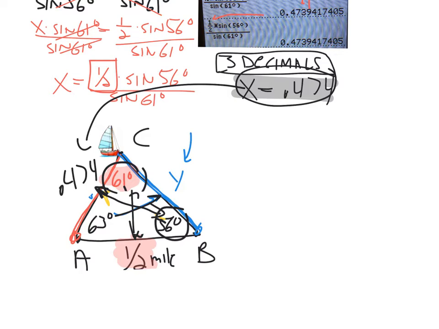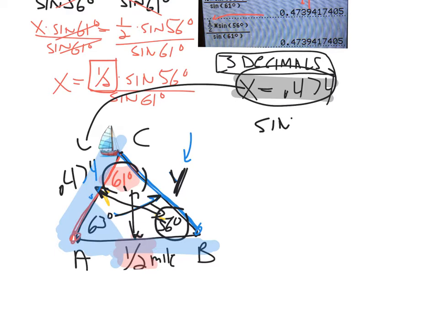Here I have this side, which is side B, this side, which is side C, and I have the angle 63 that's in between. So here I can either go about solving for Y by using the law of sines or the law of cosines, and I'll show you both ways.